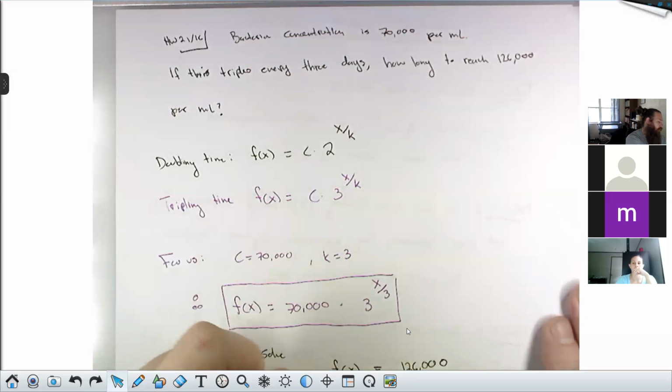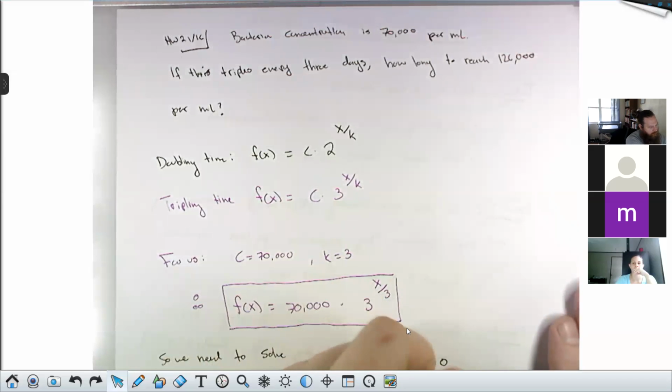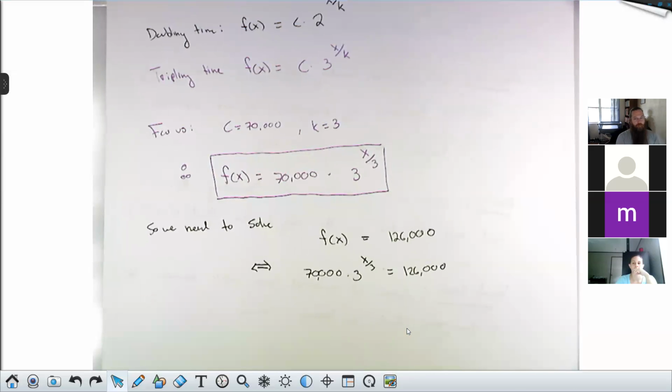And now we're just going to start plugging in. So f of x is 70,000 times 3 to the x over 3. So that's what's equal to 126,000 here. We can divide over by the 70,000.